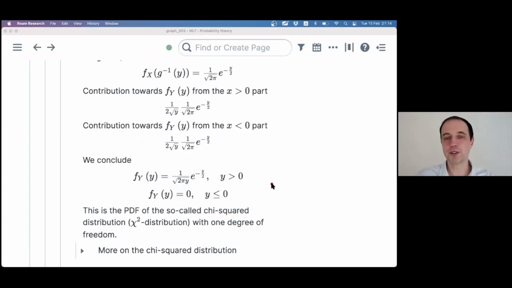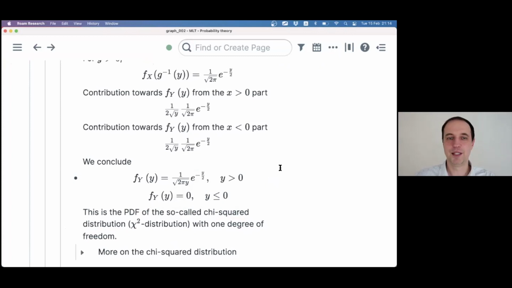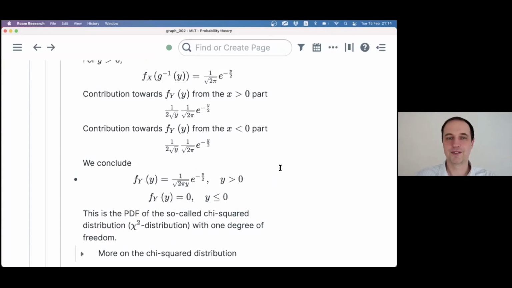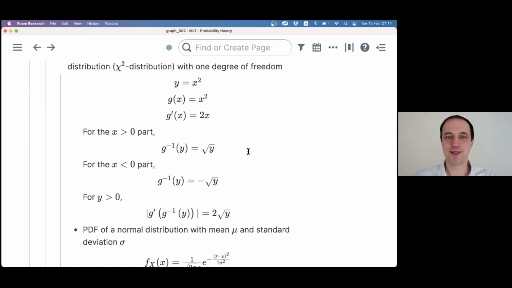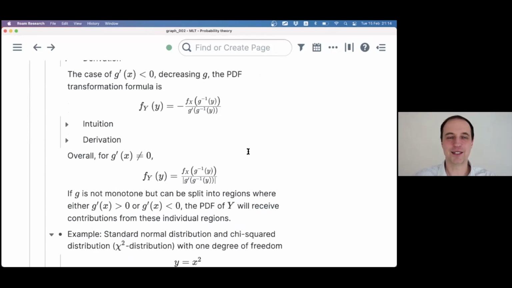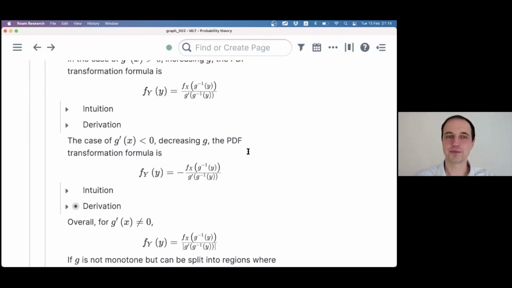Here, I just wanted to provide a quick example that is both relatively straightforward to follow and also has some practical significance for computations in statistics. Now I realize this was too quick, so you will have the notes. You will be able to take a look at these equations in here.